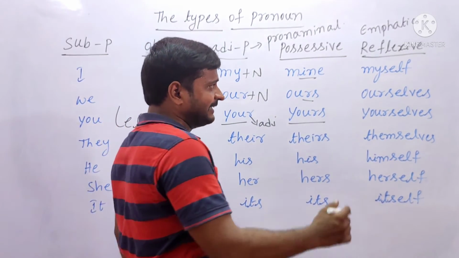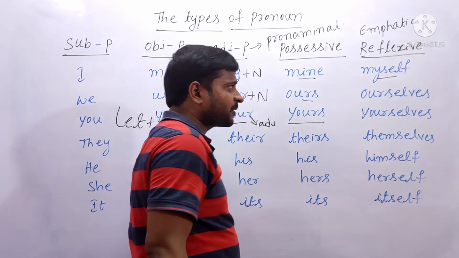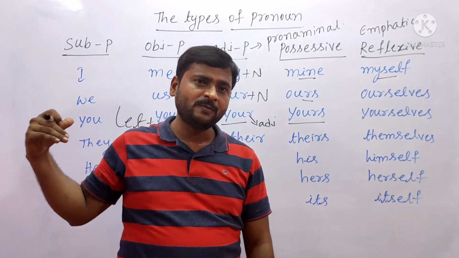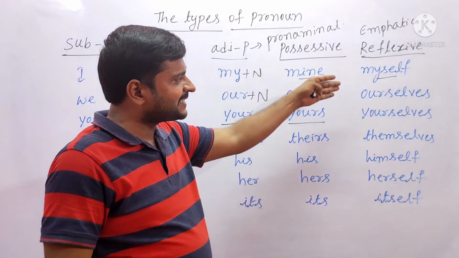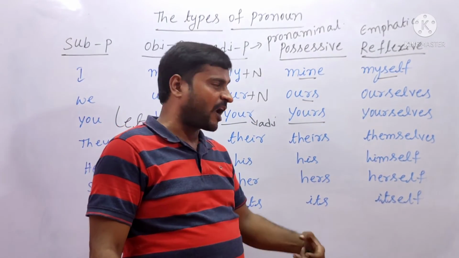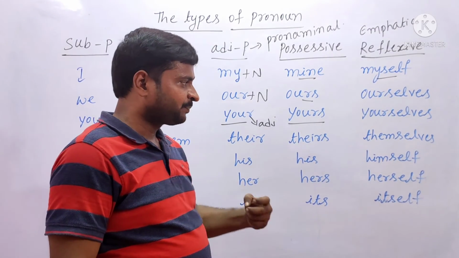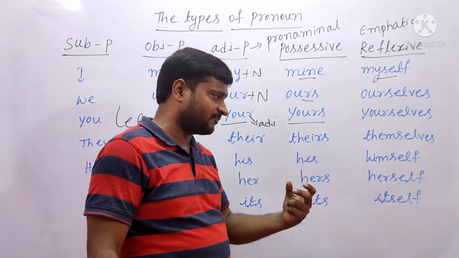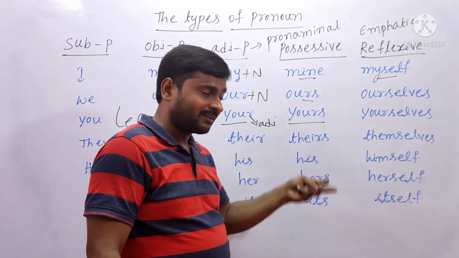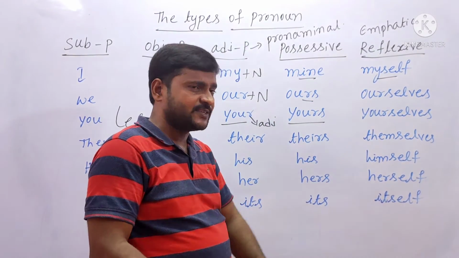Okay, I think you understand here. A reflexive pronoun comes along with a subjective pronoun. You see, all these expressions we can use like this: I, myself; we, ourselves; you, yourselves; they, themselves; he, himself; she, herself; it, itself. Like this, all these expressions we can use.